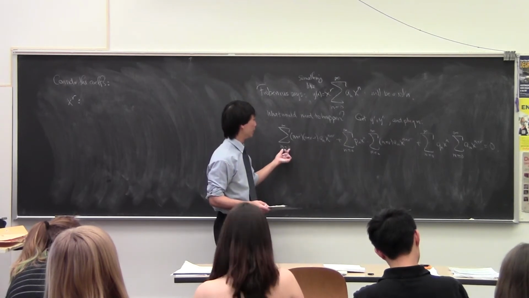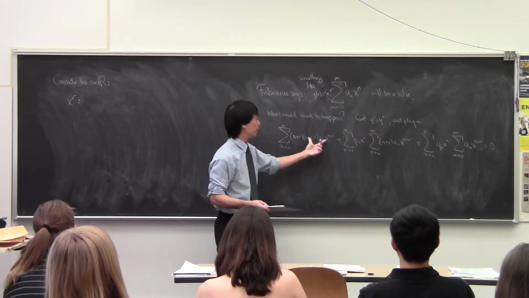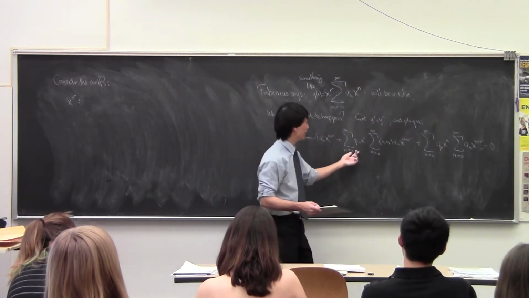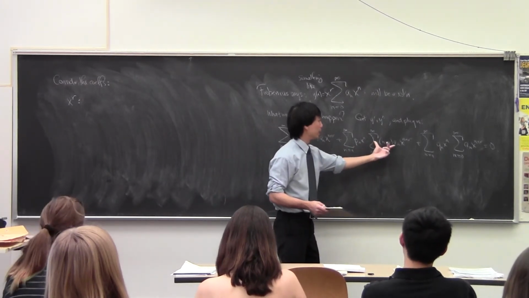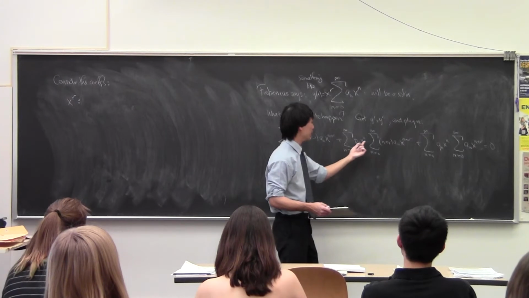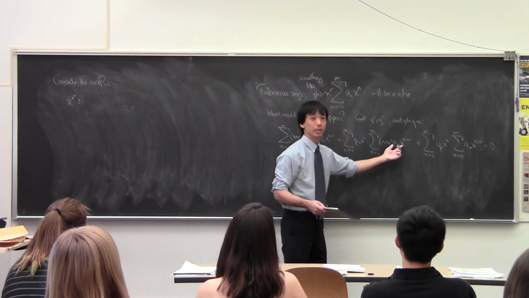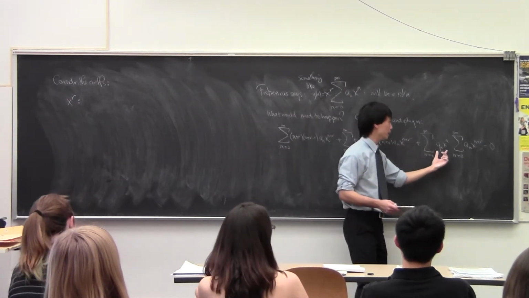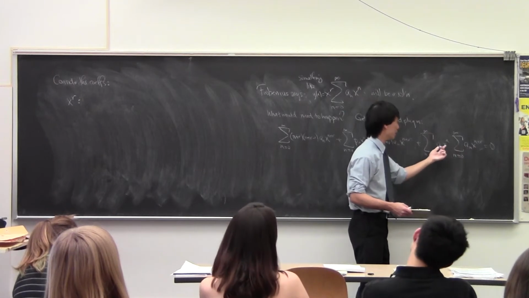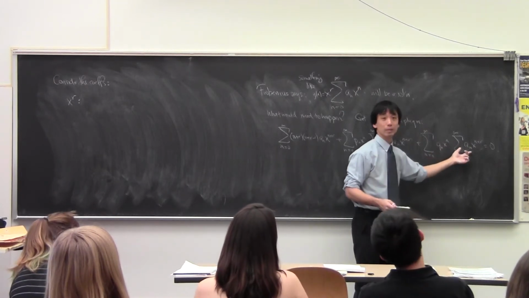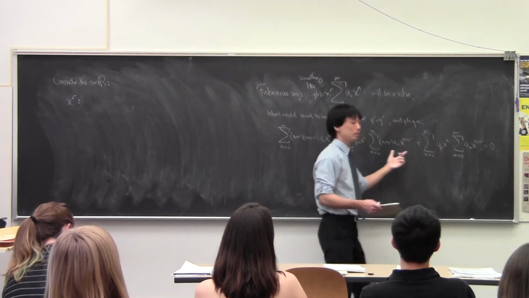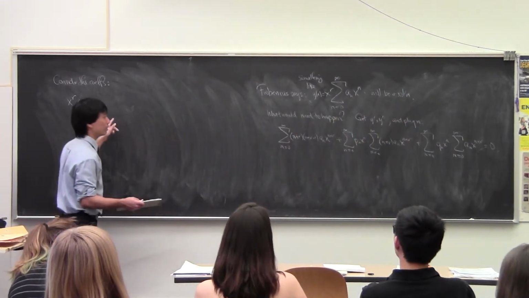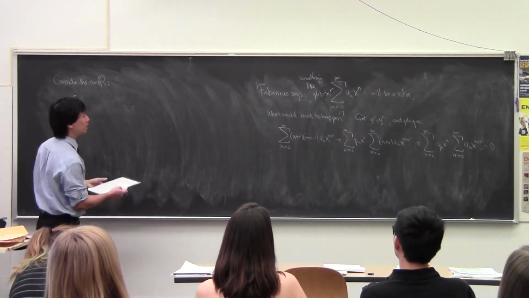When n is equal to 0, we get the x to the r term here. How can we get x to the r here? Only on the 0th terms of these guys. So you see, I hope, what the coefficient of x to the r must be.